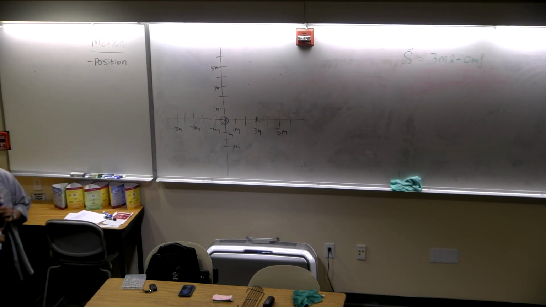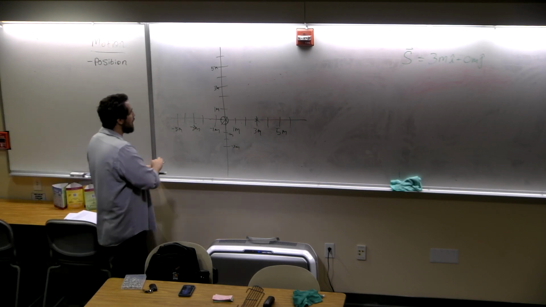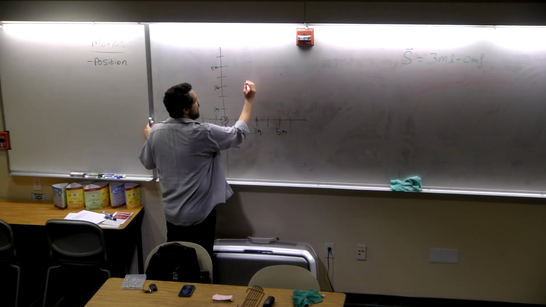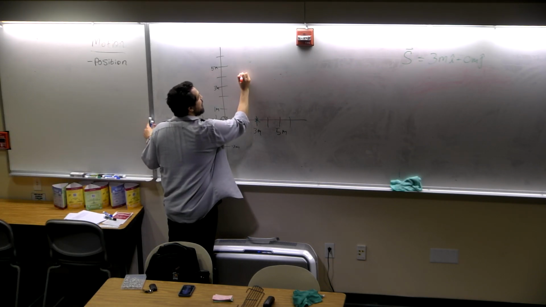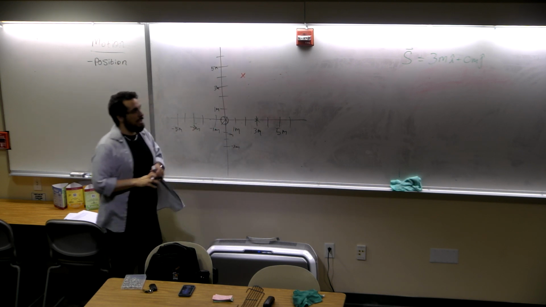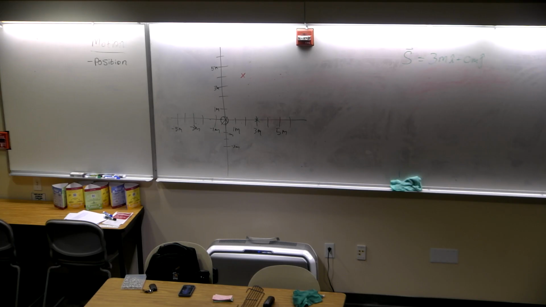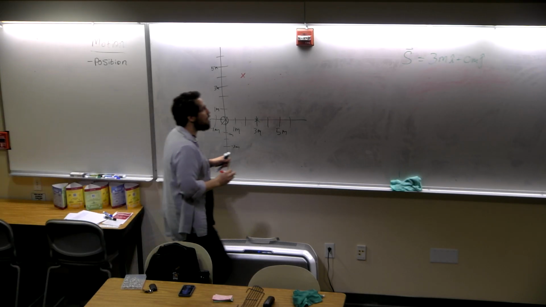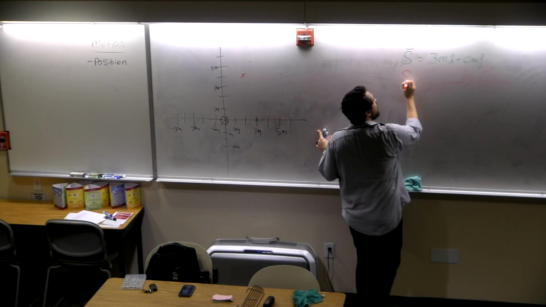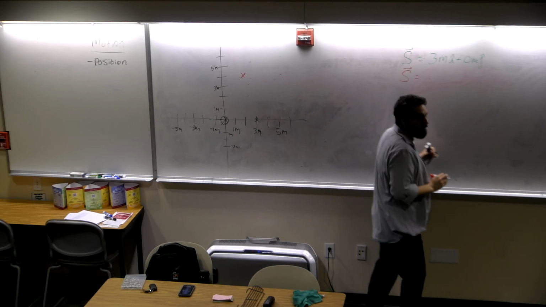So how would we write that? We'd write that 2 meters to the right and 4 meters up. We have our positional location. And this is a vector, right? It tells you specifically what direction it is, left, right, up, and down. Any questions about this so far?